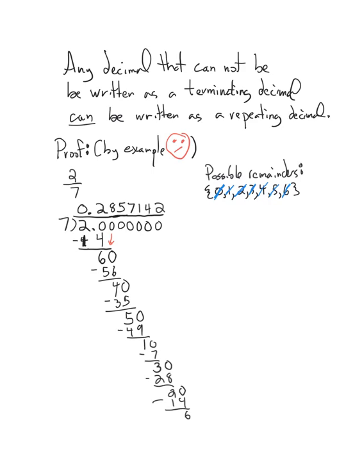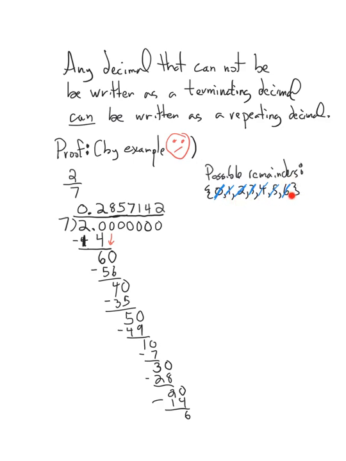And we know what happens when we get a remainder of 6. We know we're going to get a remainder of 4 next time, and then a remainder of 5, and then a remainder of 1, and then a remainder of 3, and then a remainder of 2. And then it'll just keep repeating that pattern. So once we see a remainder we've seen before, when we start bringing down the zeros, we know what's going to happen.